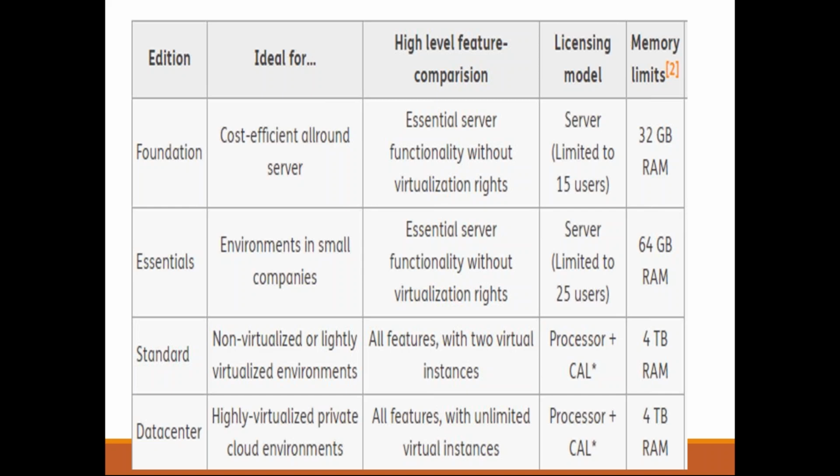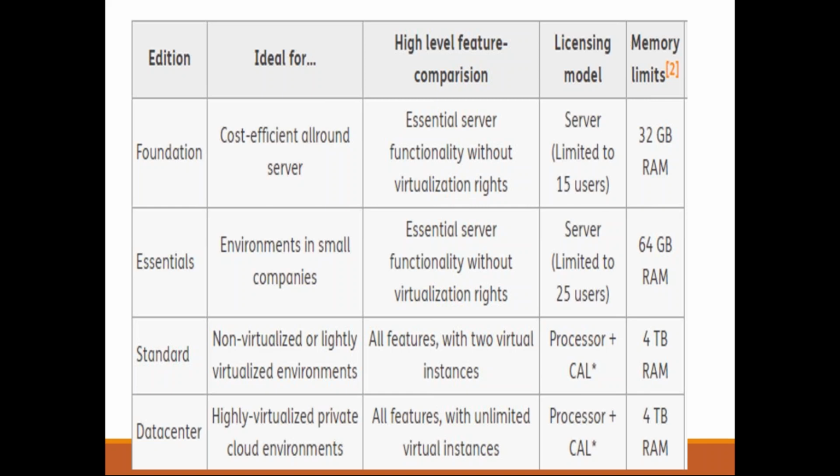Unlimited virtual machine instances. So there is no limit for this. Again, the processor comes with a license based on how many cores the processor has, 8 core processor, 16 core processor. Based on that you have to purchase.